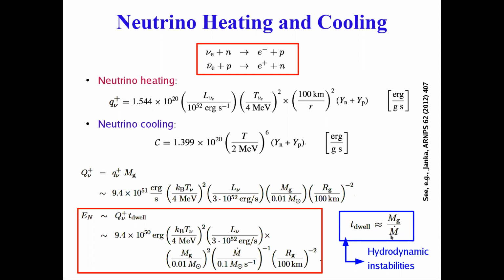So it is the same mass infall rate ahead of the shock as mass falls onto the neutron star in the steady state situation of the stagnant shock. And then you find that this heating dwell time of the material in the gain layer is typically of the order of a fraction of a second, or maybe even less than 100 milliseconds.